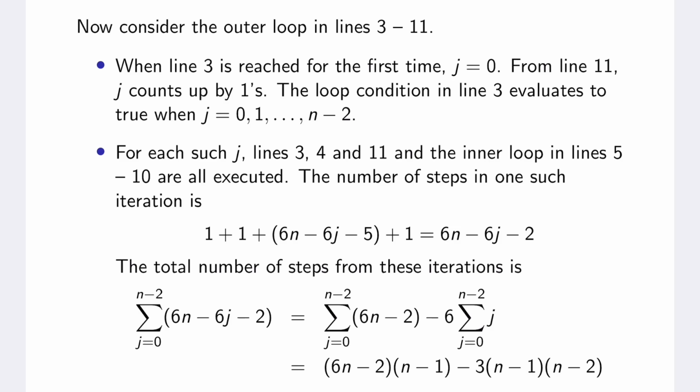So 1 plus 1 plus 6n minus 6j minus 5 plus 1 gives us an expression. And now this summation expresses the number of steps that take place during the entire outer loop, including the inner loop.